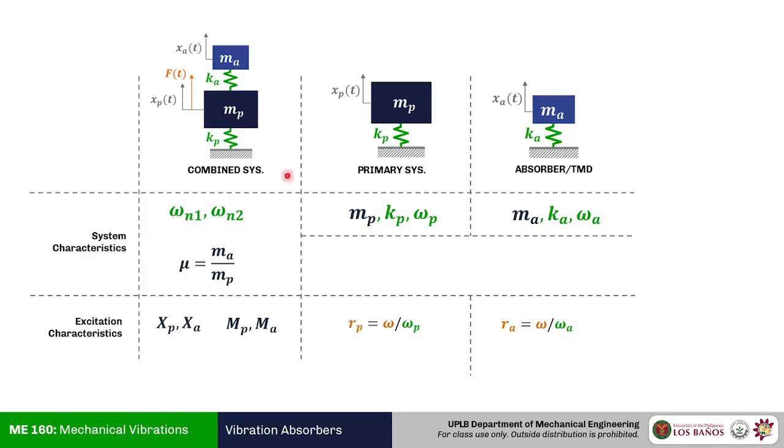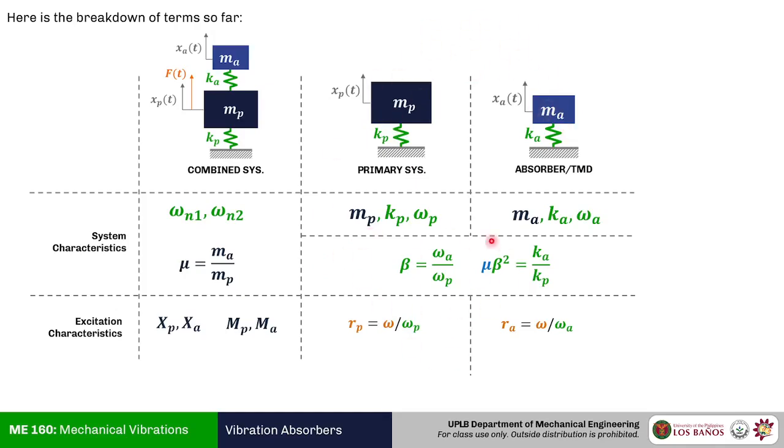Here is a useful chart to separate things out. Again, if you have your primary system and your absorber as separate entities, they have their own properties. But once you combine them into a 2 degree of freedom system, they get new natural frequencies and new behaviors as well. So the SDOF frequency ratio is the one that connects the two individual properties.